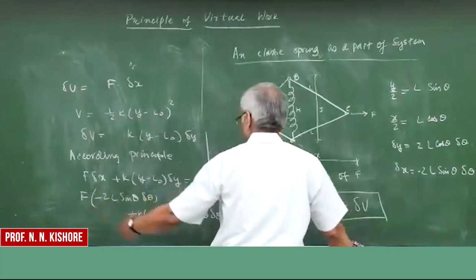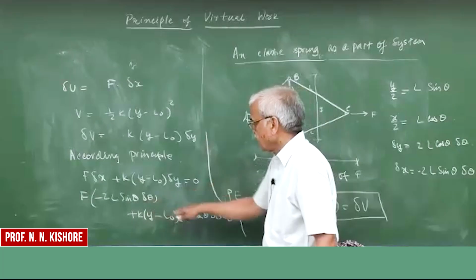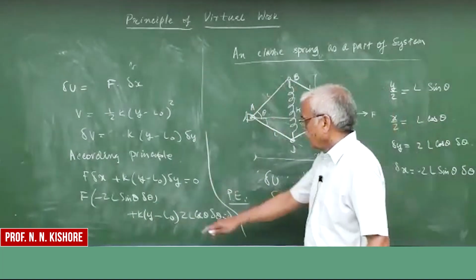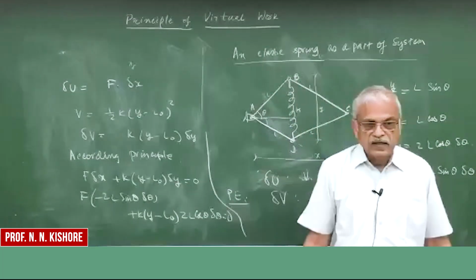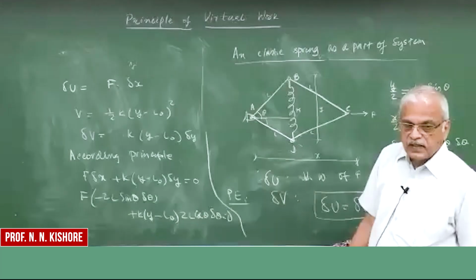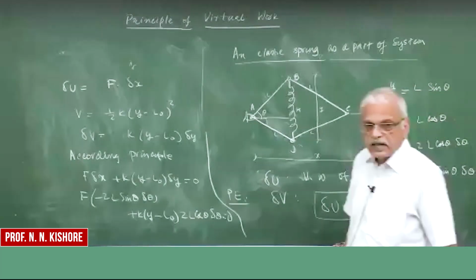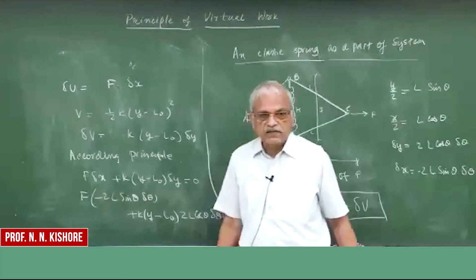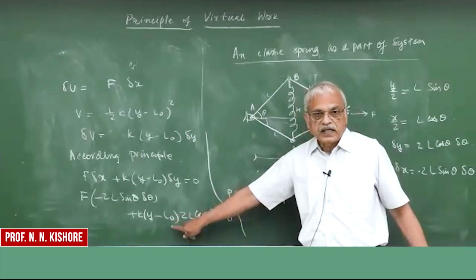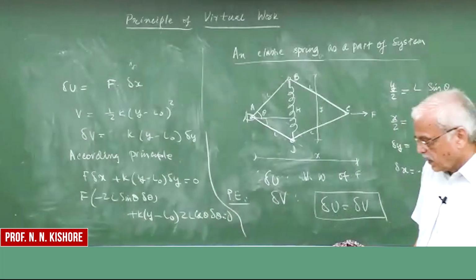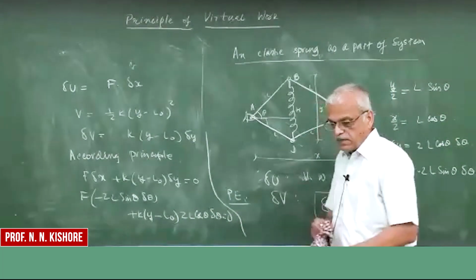Okay, so this is the expression. You can take delta theta out, and Y you can substitute back here as 2L sine theta. So then you have a relationship between F and theta, right? And obviously it depends upon the natural length of the spring.